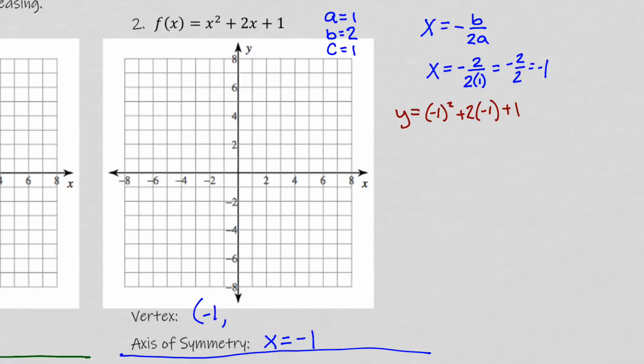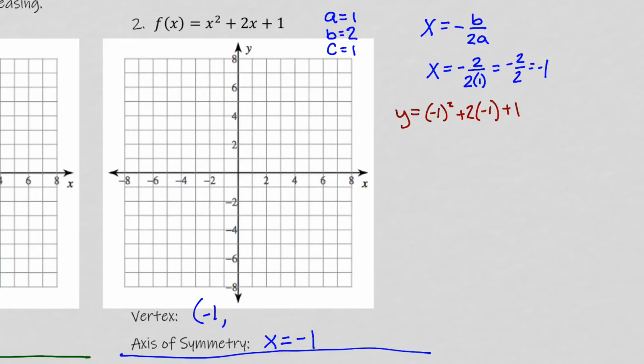If I plug it all into my calculator, I need to make sure the negative stays in parentheses when I'm squaring it. If you don't square the negative along with the 1, then you're going to get a negative number, which is wrong. So make sure that you're squaring it correctly.